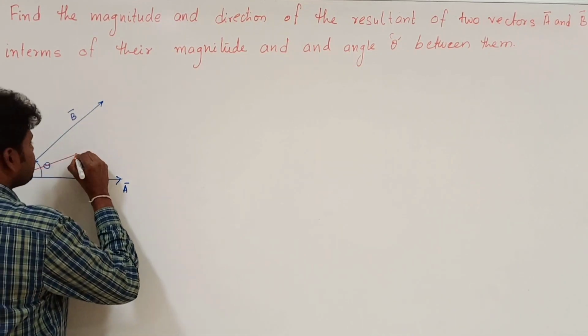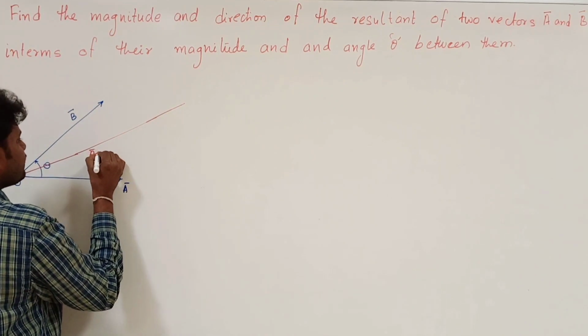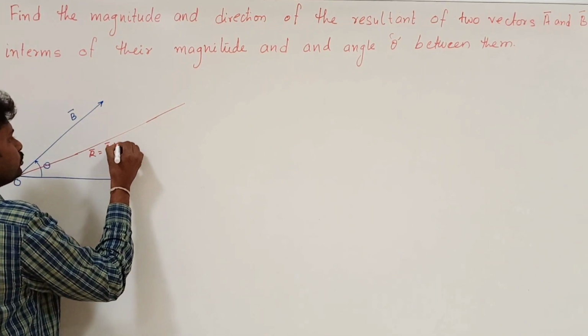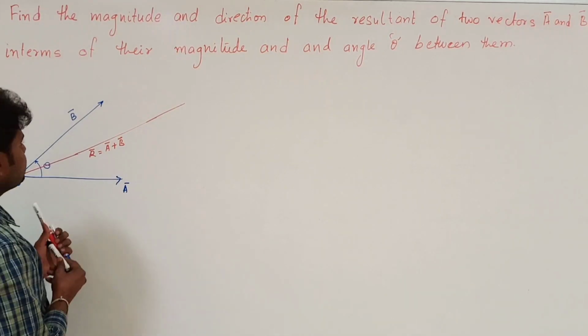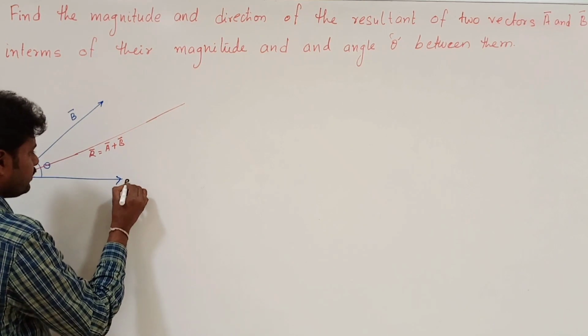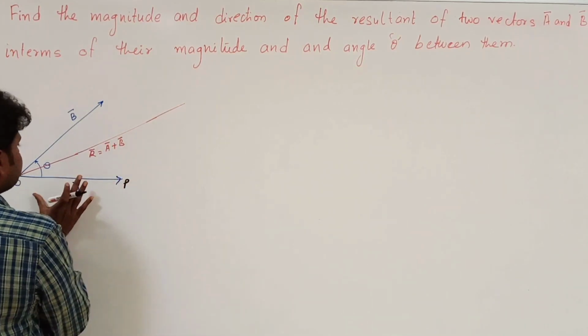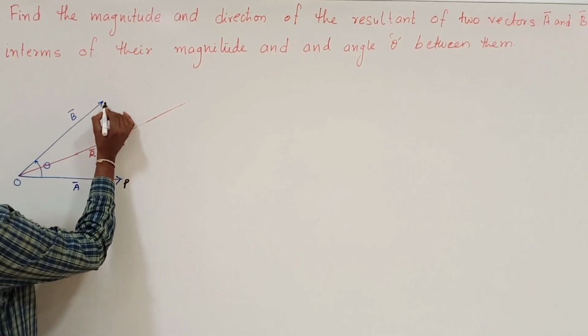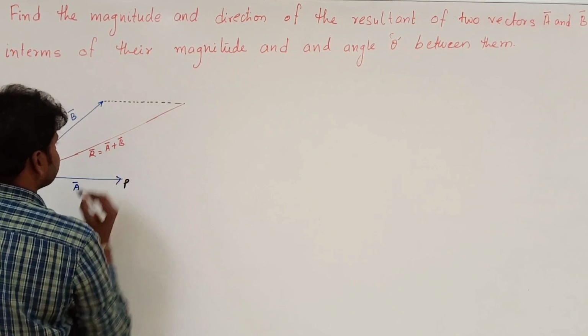This is the resultant vector, called the R vector, which is equal to the sum of the two vectors, vector A plus vector B. Now, how to write this? This is called P, and vector A is extended, with parallel lines combined using dotted lines.